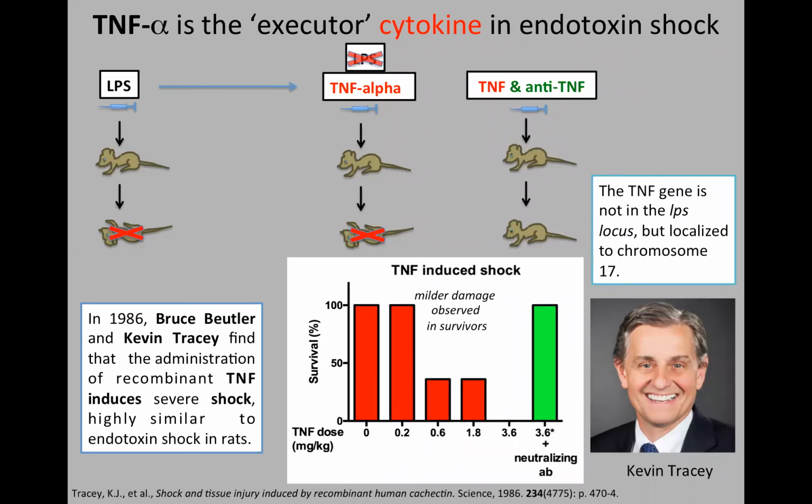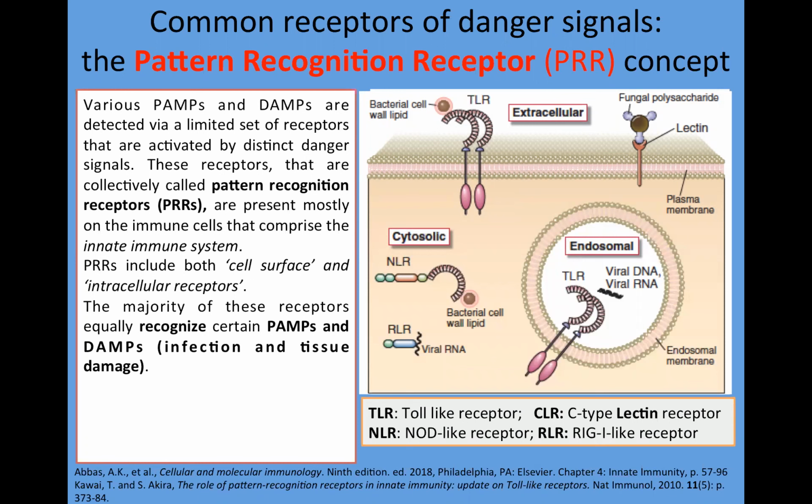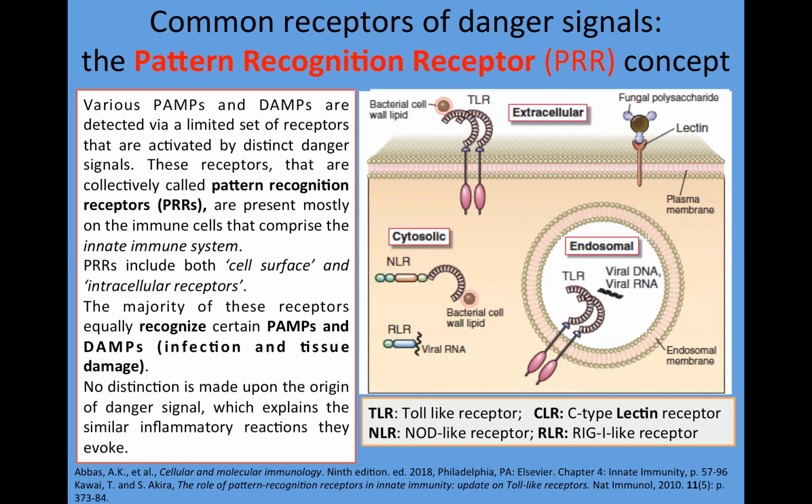So these receptors are used to detect any DAMP or PAMP in our tissue. No distinction is done afterwards. They will look almost the same. The inflammatory reaction will be very similar.